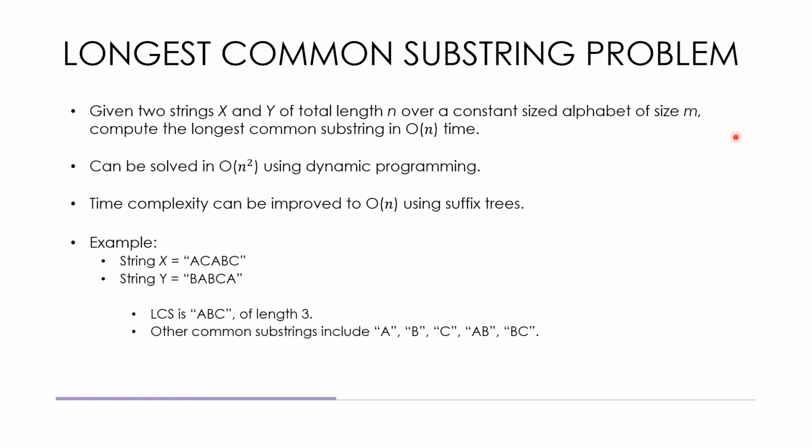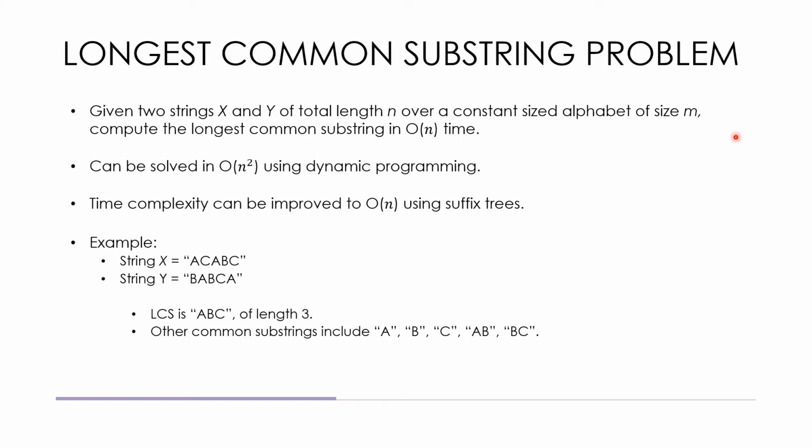This can be easily solved in O of n squared time by implementing dynamic programming. However, the time complexity for this can be improved to linear time by using suffix trees, which can be built in linear time by implementing Ukkonen's algorithm.